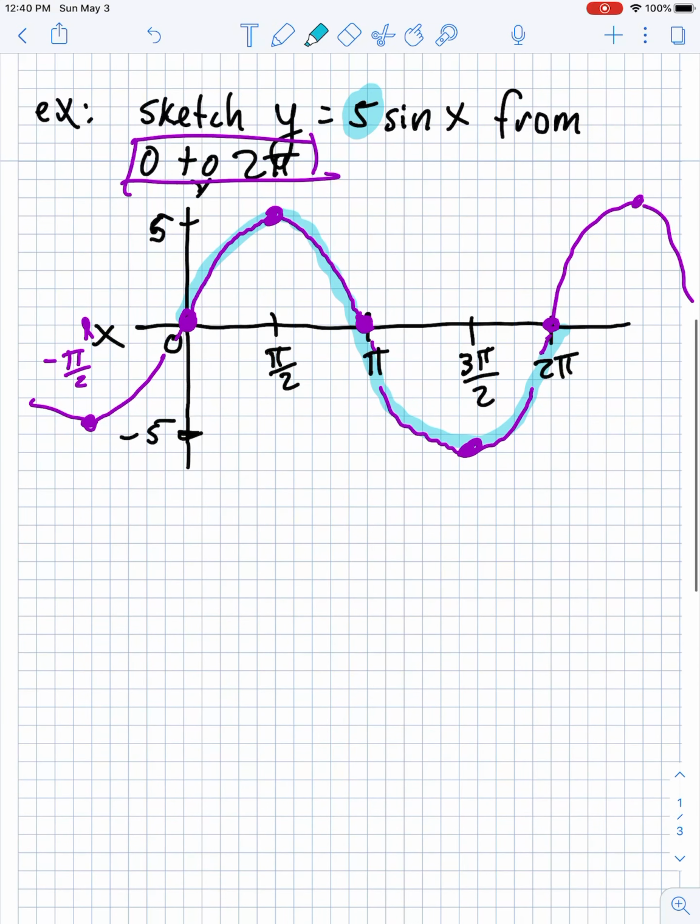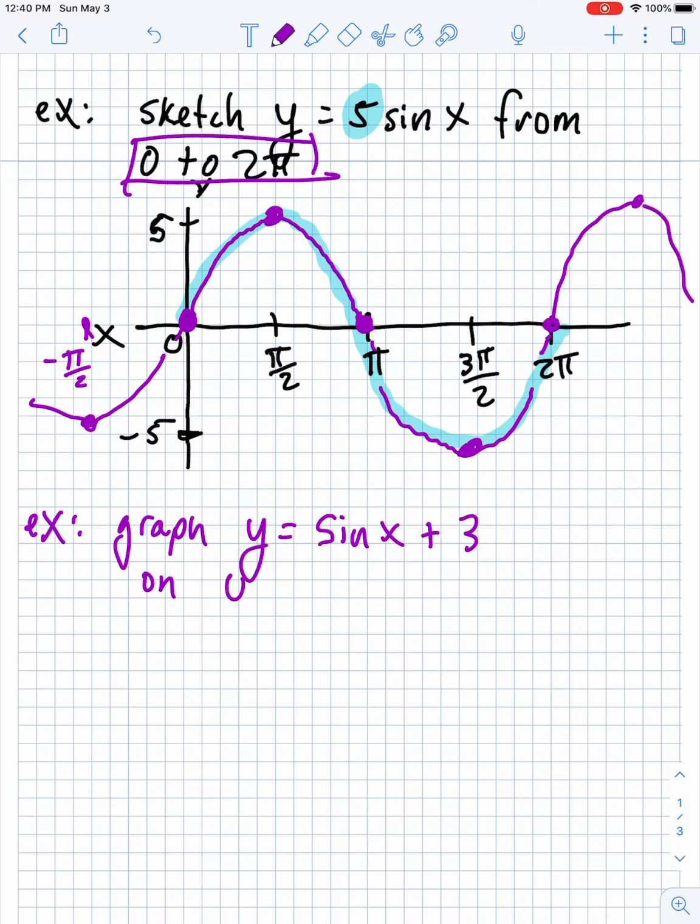Now, let's transform it in another way. Let's graph y equals sine of x plus 3 on 0 to 2 pi.